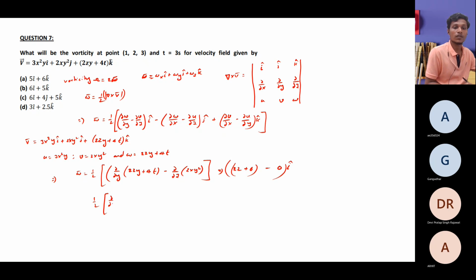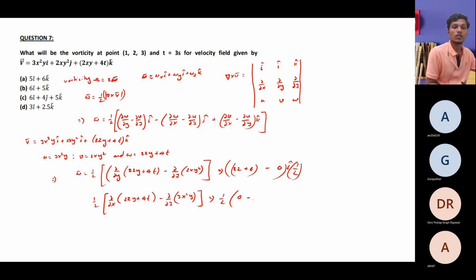Again, for the second part we have dou by dou x of w, which is 2zy plus 4t, minus dou by dou z of u, which is 3x²y. We have one more half here. This will give half of dou by dou x of 2zy, which goes to 0, and 4t also goes to 0.